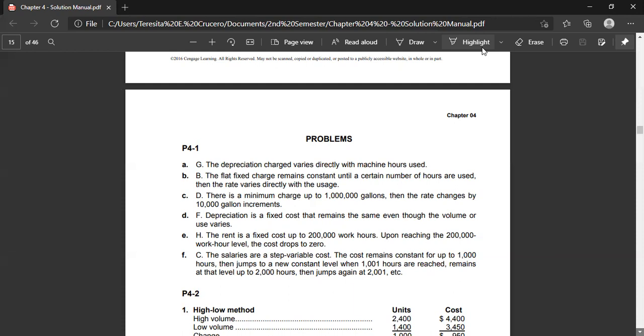There is a minimum charge up to 1,000 gallons. So the minimum charge of $1,000 flat fee up to 1 million gallons. Then the rate changes by 10,000 gallon increments. So take note that in letter D, we have the next 10,000 gallons, the next 10,000, and the next 10,000.